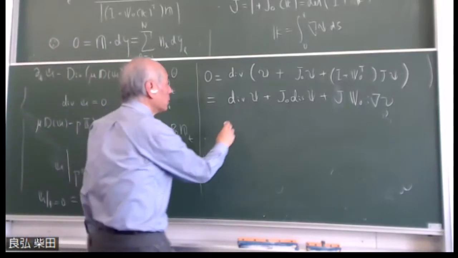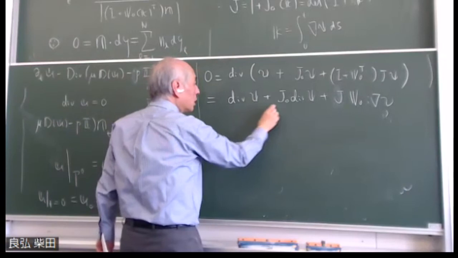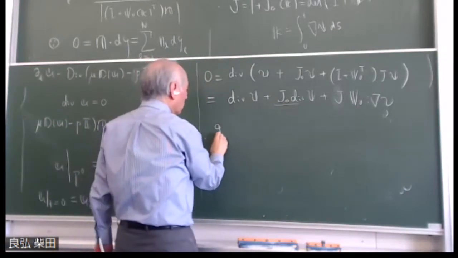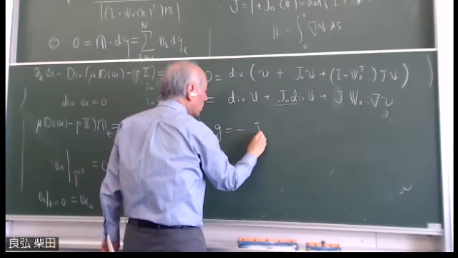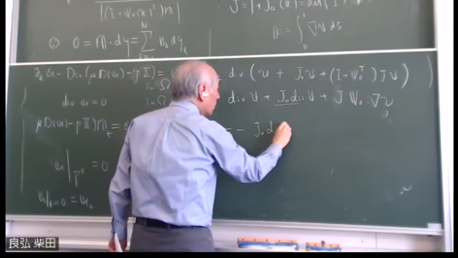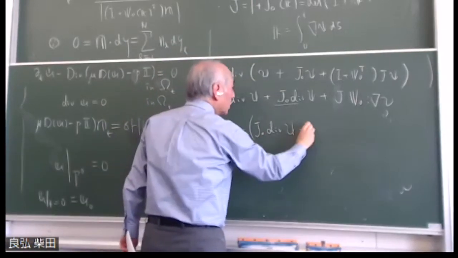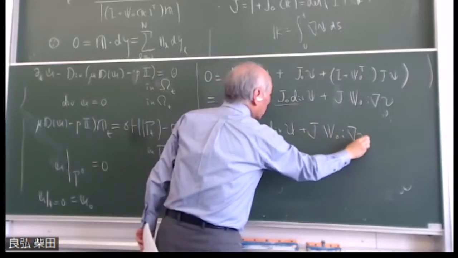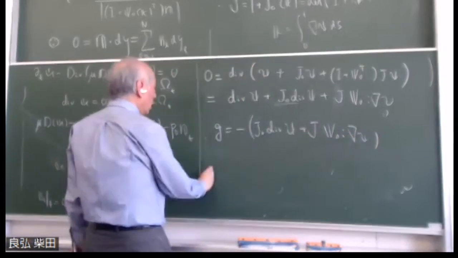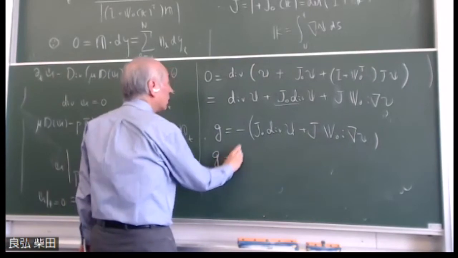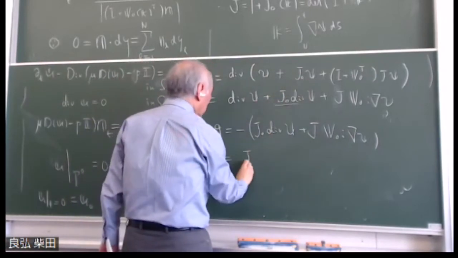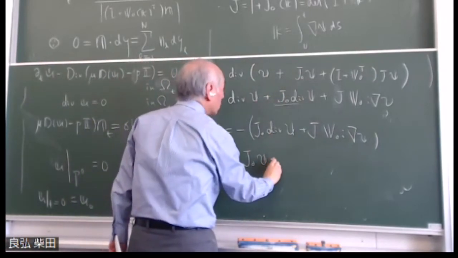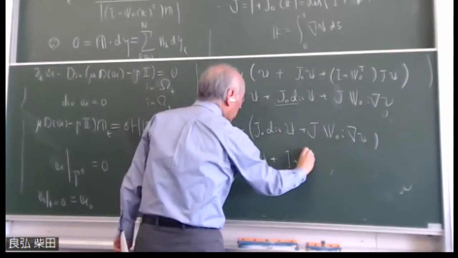So if we write small g equal to minus J0 plus J0, and the vector G is this one, plus b0.